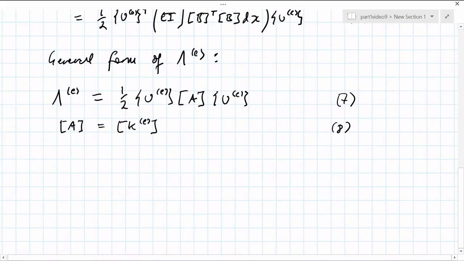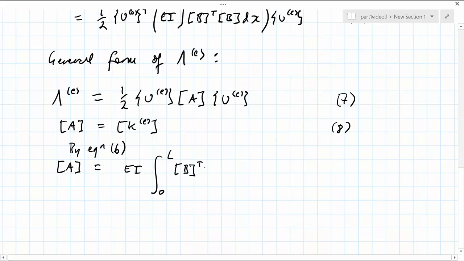By inspecting equation 6, we can then say that A, in this case, is just given by EI times the integral from 0 to L of B transpose B dx, which we will call the element stiffness matrix.